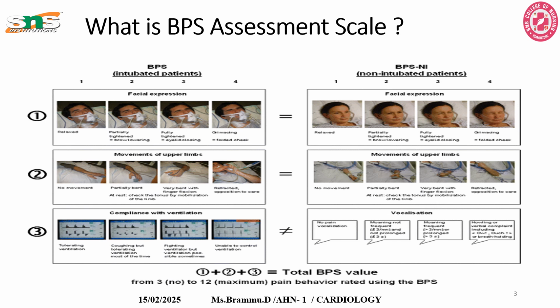And if howling or complaining about the deep agony pain, the patient gets a score of 4. With these 3 parameters, we will be calculating 1, 2 and 3, and the total score will be given. The scoring range is from 3 to 12. 3 is the minimal, where 12 is the maximum. With this we will identify whether they are in mild, moderate or severe intolerable pain.